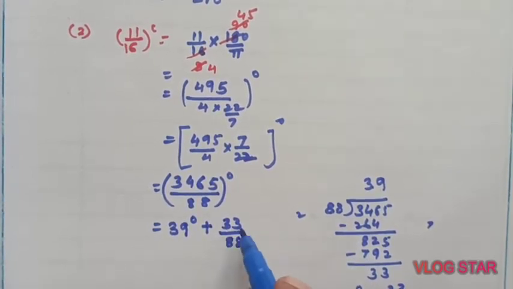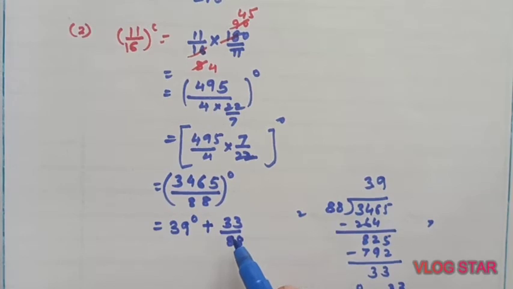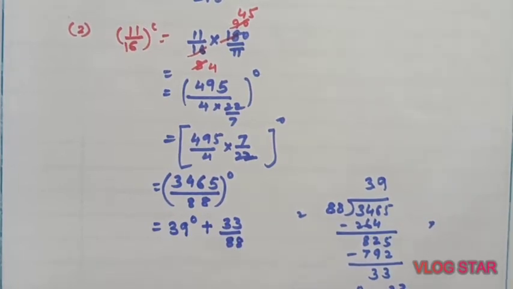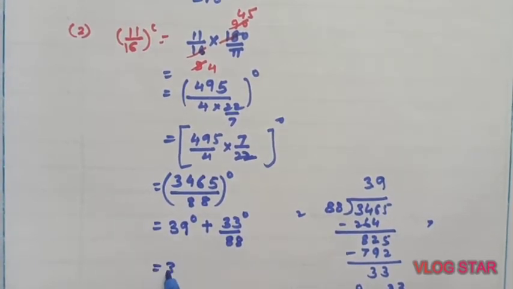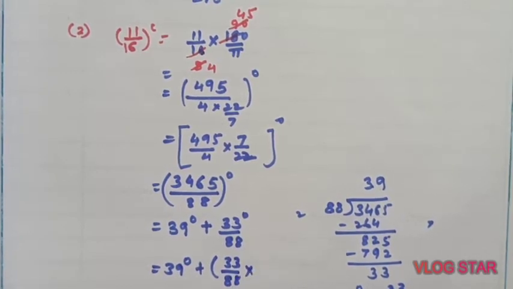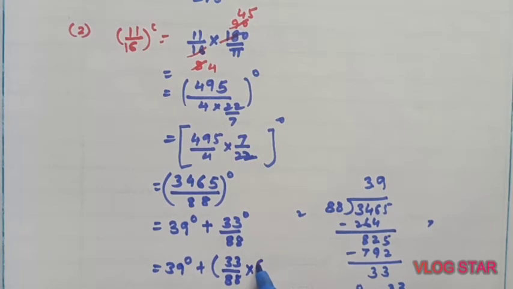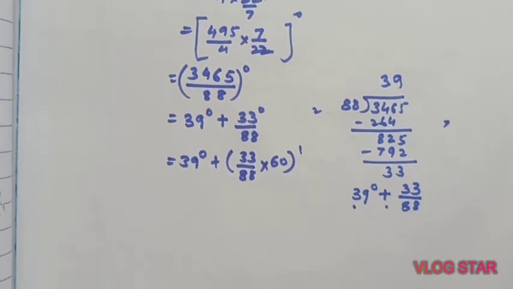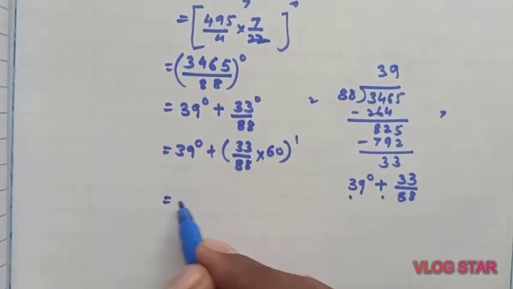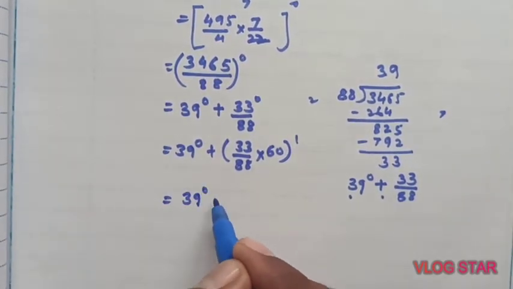But I cannot keep this in fraction. I will convert that into minutes. So perform this operation to convert this fractional degree into minutes. What we will do? Multiply the factor 33 upon 88 into 60, so that it is converted to minutes. So look carefully. 39 degree.